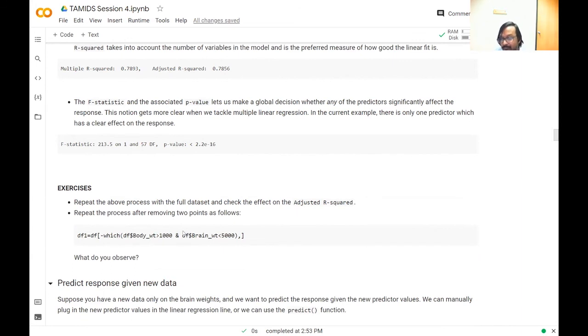And that is because these 2 points are actually very different from the linear model fit, and so they actually mess up the performance a little bit. So if you remove these 2 particularly, the remaining data points fit the regression line even better. It would be interesting for you guys to check this out and observe that. And that actually gives you the idea of outliers in a data set, right?